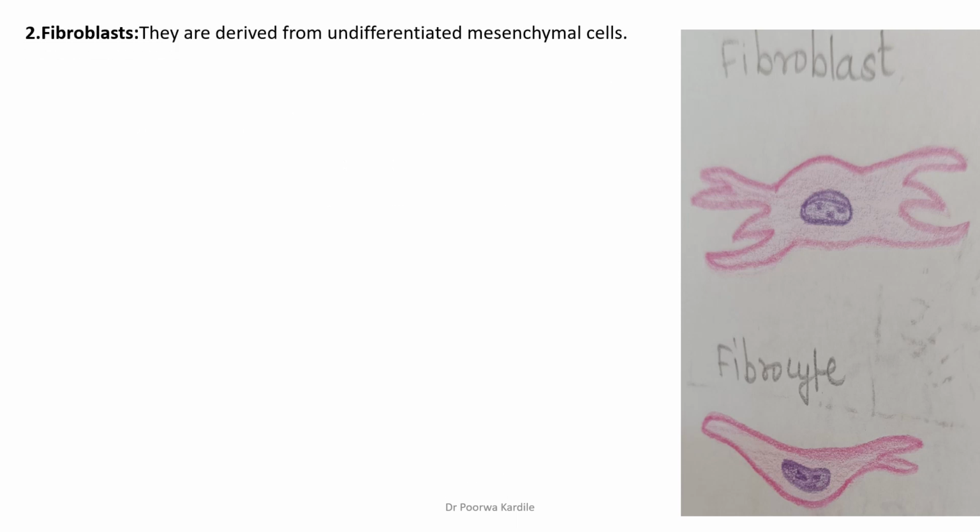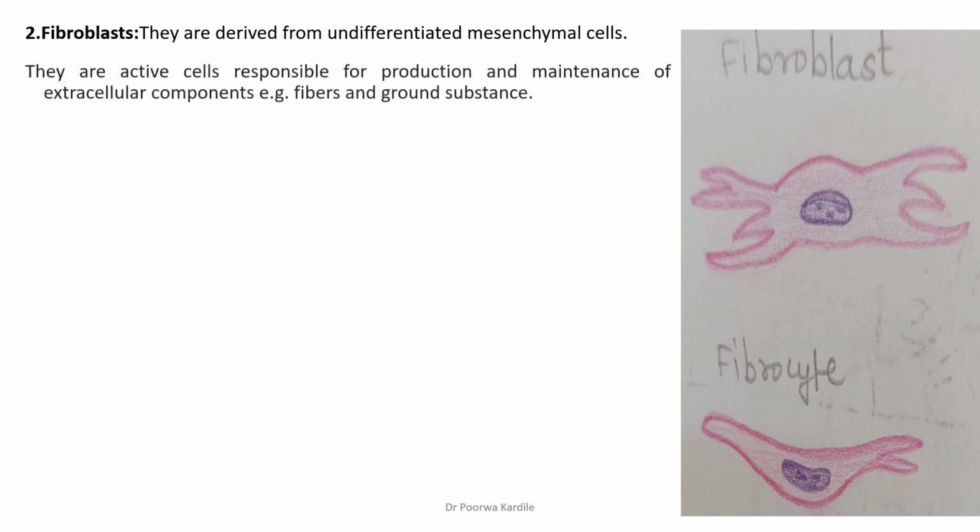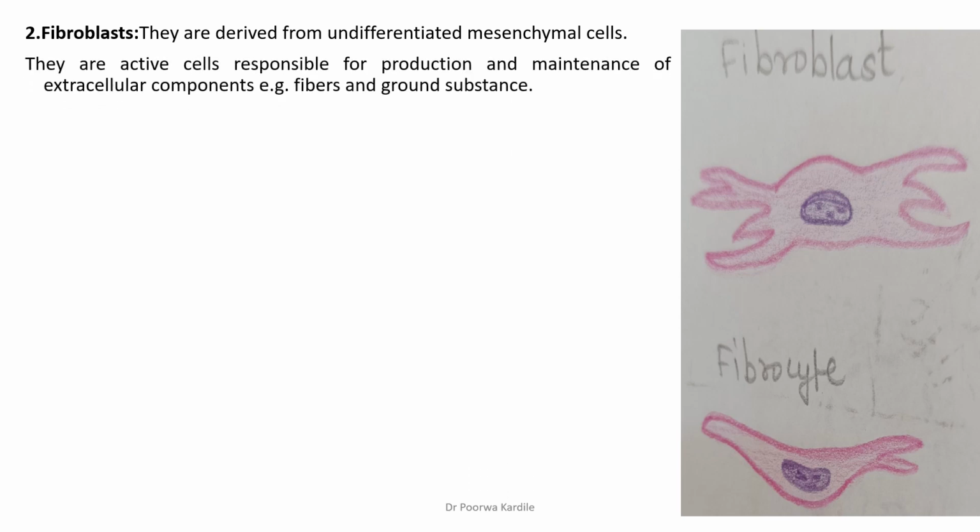Fibroblasts are derived from undifferentiated mesenchymal cells, and these are metabolically active. They can divide mitotically, and they can produce and maintain extracellular components, meaning they can synthesize fibers as well as ground substance.